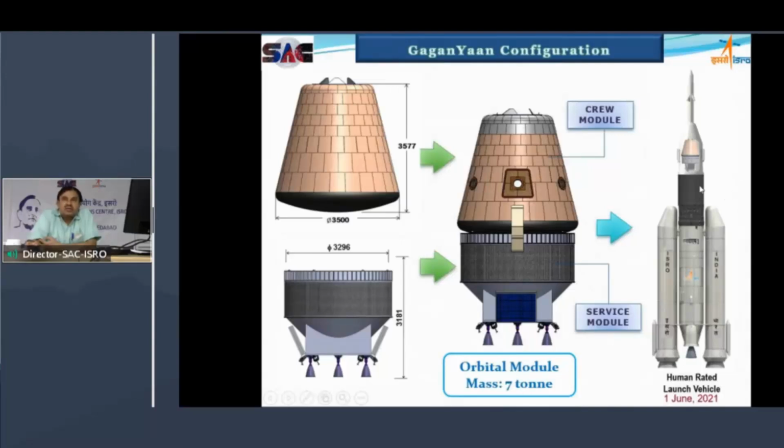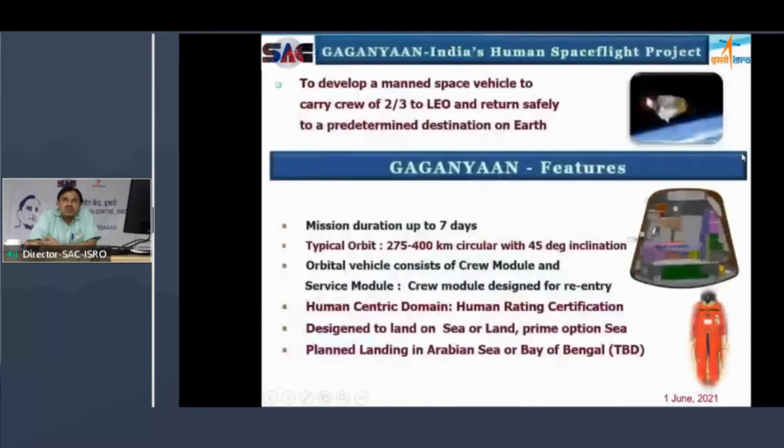It will be carried on our GSLV Mark III launch vehicle. It will go into space at a height of around 275 to 400 kilometers, move around the Earth for 3 to 7 days maximum, and then it will be safely brought back to our own sea.